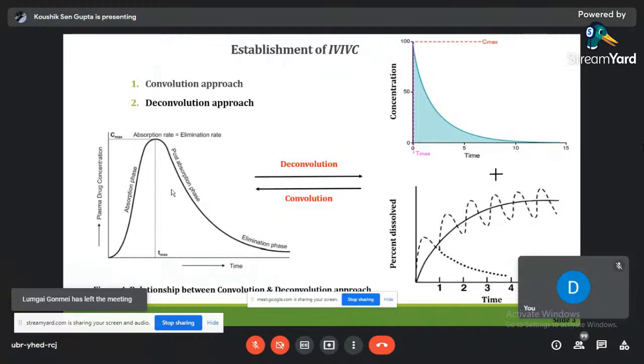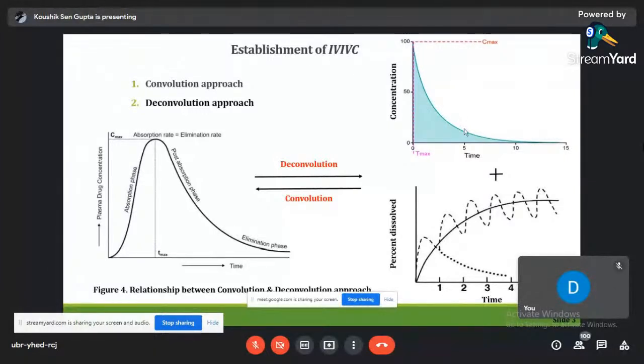In the lower portion of this line, written as the elimination phase, the rate of absorption is very negligible compared to the rate of elimination. You get this graph when you take the drug orally; it is basically an in vivo absorption graph. After the in vivo process, you get this type of graph.